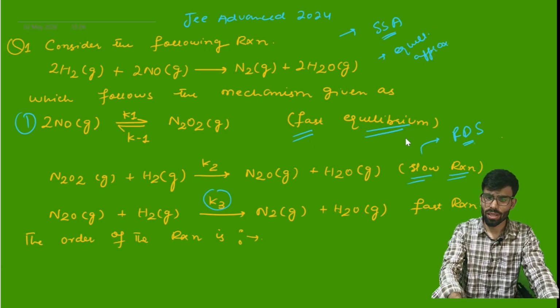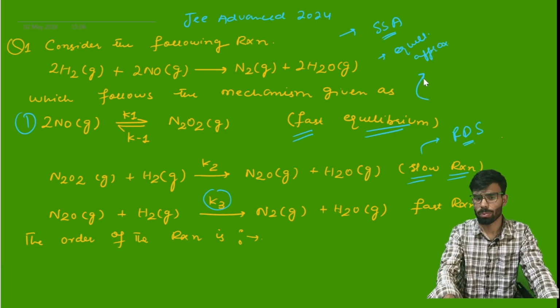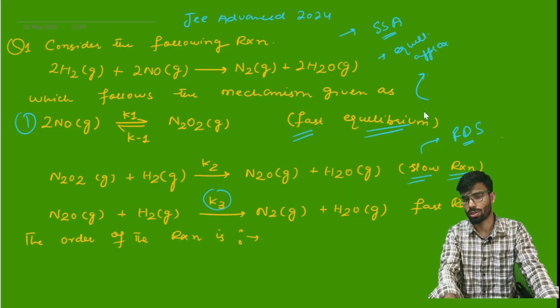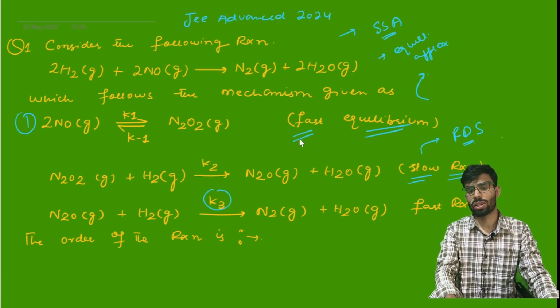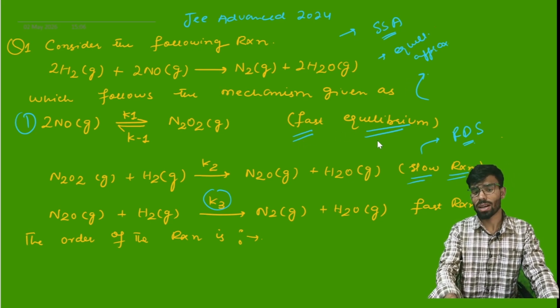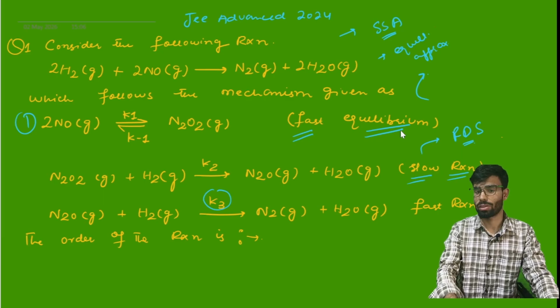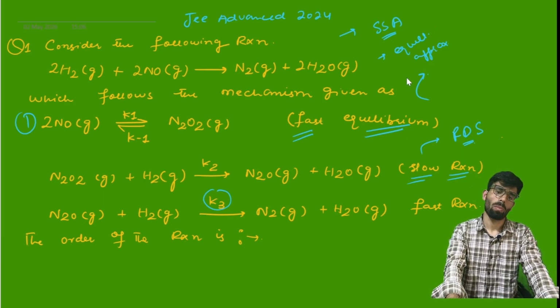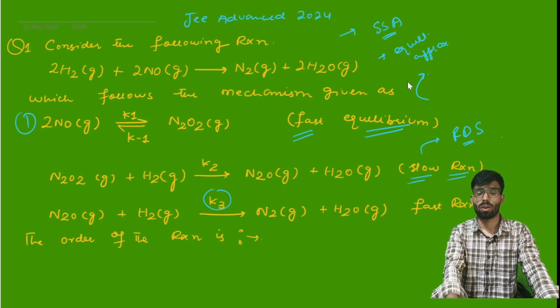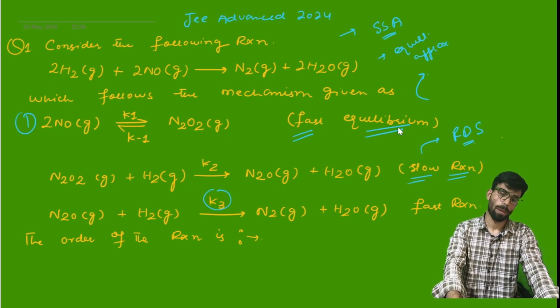As it is given here as fast equilibrium, we will be using the equilibrium approximation. This is the condition for using the equilibrium approximation: when we have a complex reaction and there is an equilibrated step given as fast equilibrium, we use the fast equilibrium approximation in order to derive the rate or order of the reaction.